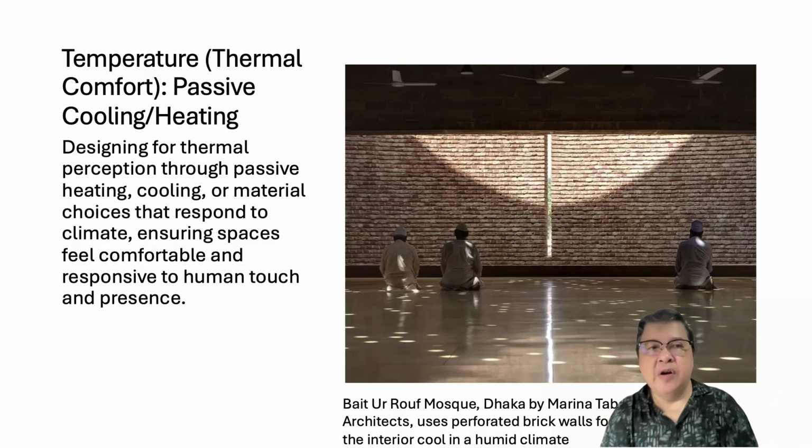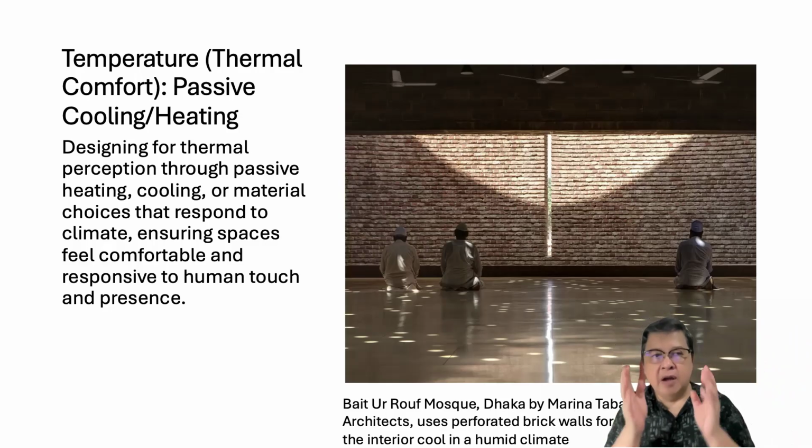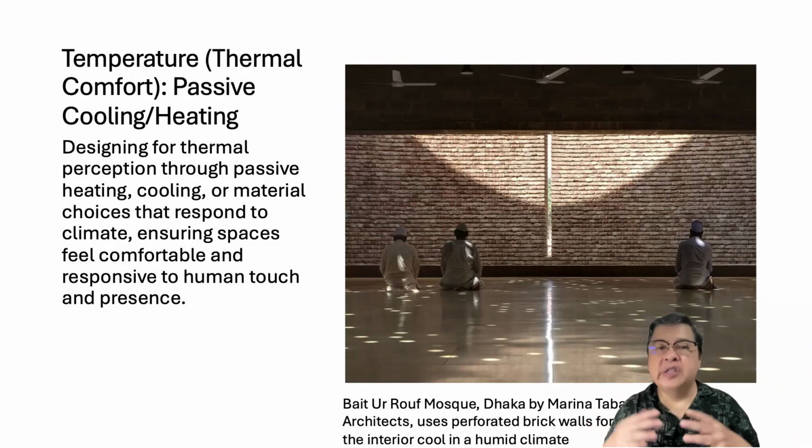Here, of course, it is passive cooling rather than heating. But when you talk about thermal comfort in temperate countries, it is heating, of course. So this example is covered by the principle of designing for thermal perception through passive cooling or material choices that respond to climate, ensuring spaces feel comfortable and responsive to human touch and presence.